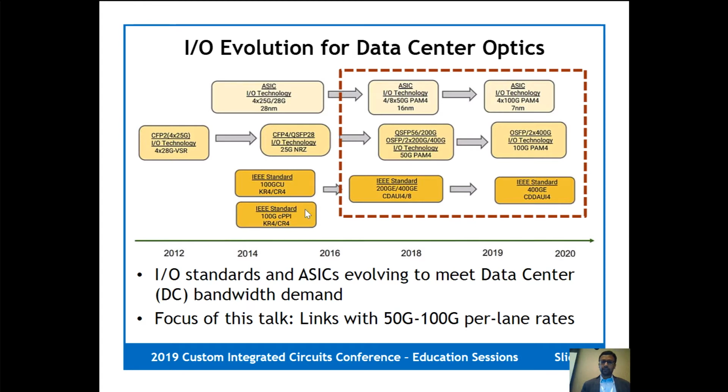And so now we are seeing that moving to more advanced process nodes and at 28 gigabaud PAM4 and 50 gigabaud PAM4 in the very near future. So what I've indicated in the box here, that's what we are going to be talking about, the standards and the models as they relate to this space, 56 gig and 112 gig optical and electrical links.